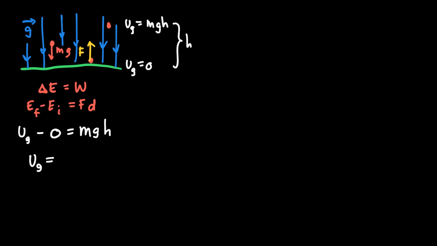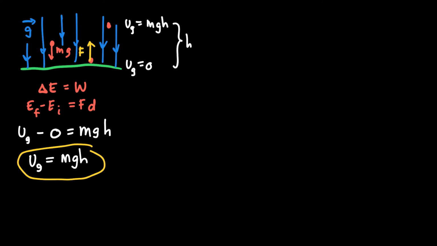So if I apply a force of mg over a distance h, I've given that object some gravitational potential energy. We know it has gravitational potential energy because if I were to let go of that object, that energy would get converted into kinetic energy and the object would move in the direction of the gravitational field.